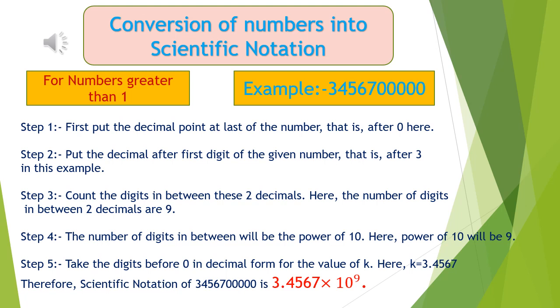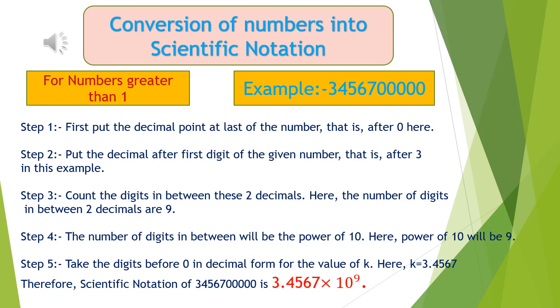For example, I have a number whose digits are 3, 4, 5, 6, 7. How many zeros are after 7? 5 zeros. So, what will you do? Your first step is to put the decimal point at the end of the number, that is, after your last digit or after your last zero.